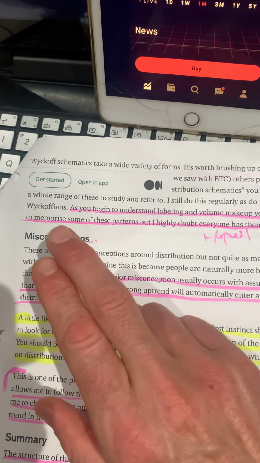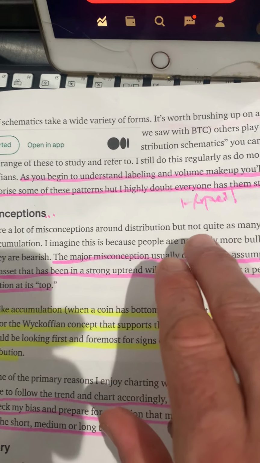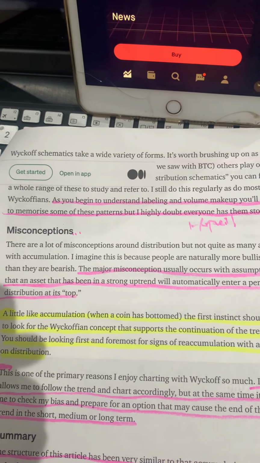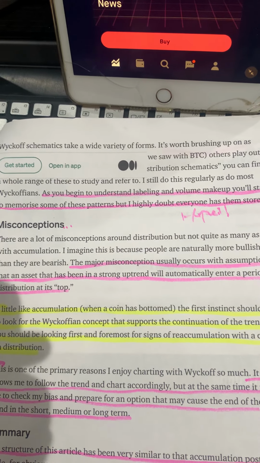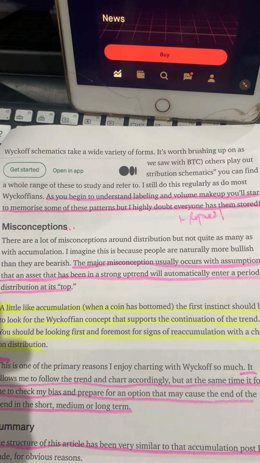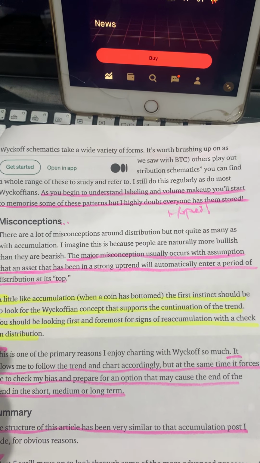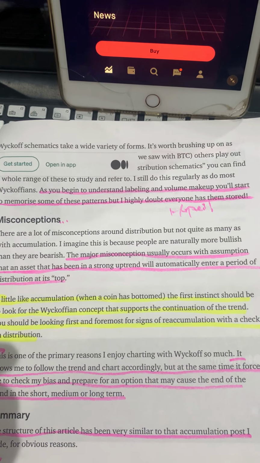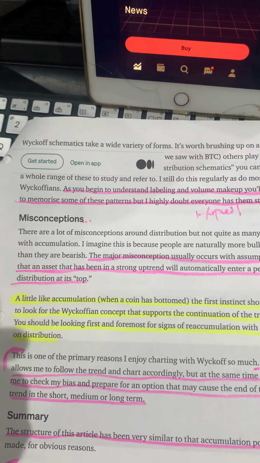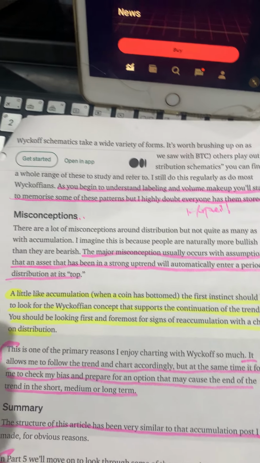Common misconceptions. There are a lot of misconceptions around distribution, but not quite as many as accumulation. I imagine this is because people are naturally more bullish than bearish. The major misconception usually occurs with the assumption that an asset that has been in a strong uptrend will automatically enter a new distribution at its top, which doesn't happen all the time.